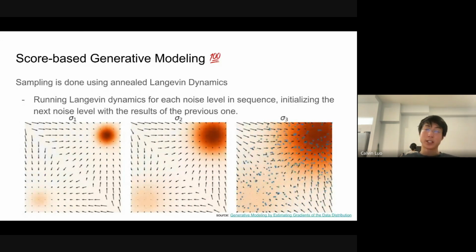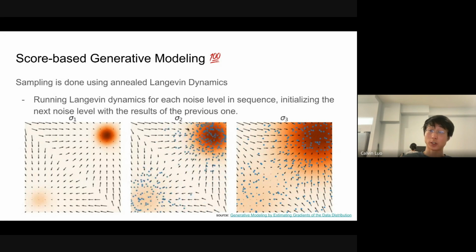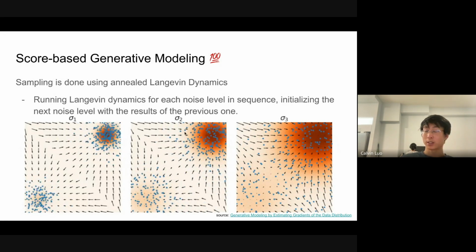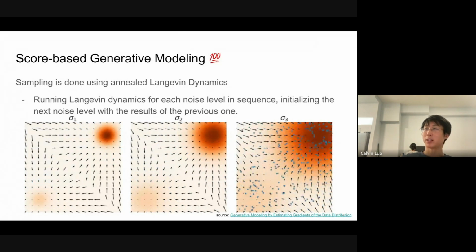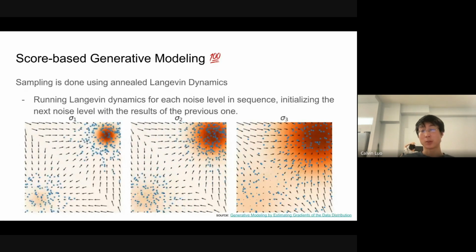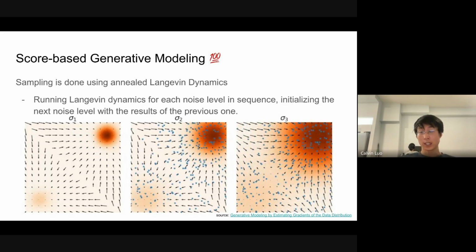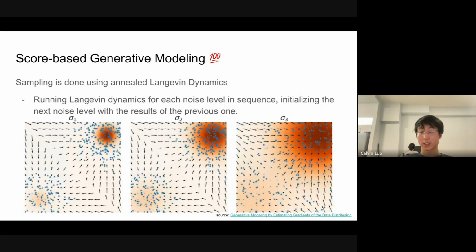But once we stop that, we can initialize it for the score predictions for sigma 2, which has basically modeled how to move it towards less corrupted versions of the natural data. We continue following this prediction, and it gets closer and closer.